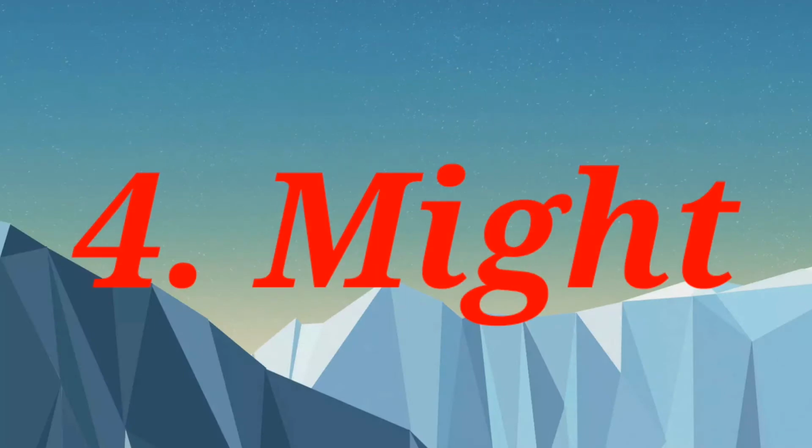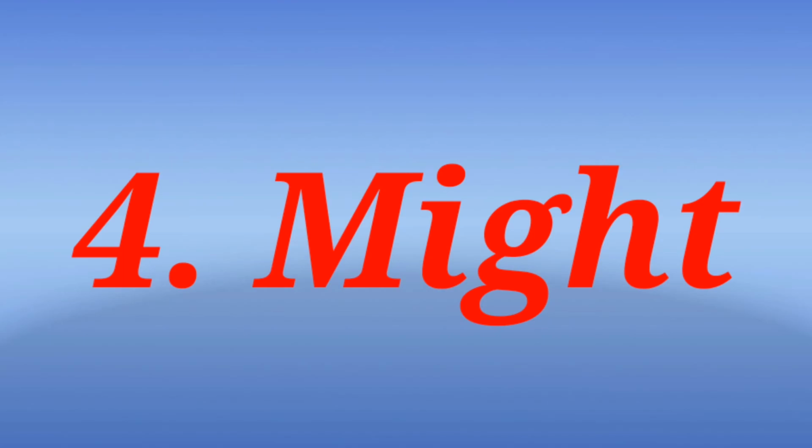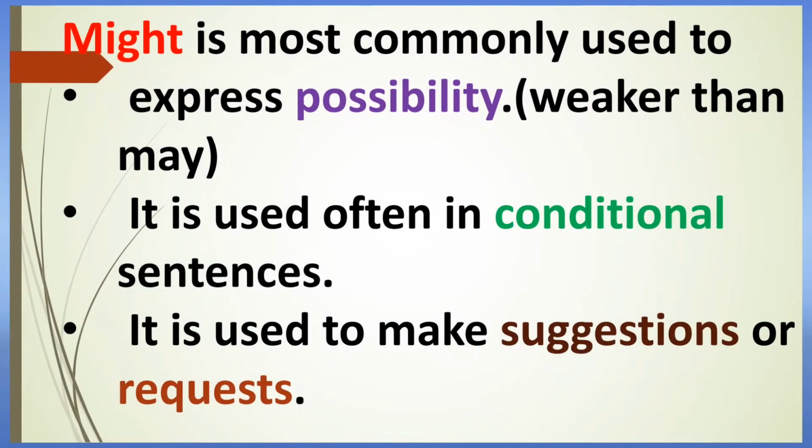The fourth modal is might. So first let's learn the functions of the modal might. Might is most commonly used to express possibility, but it is weaker than may. You know very well the possibility of the modal may is 75%.